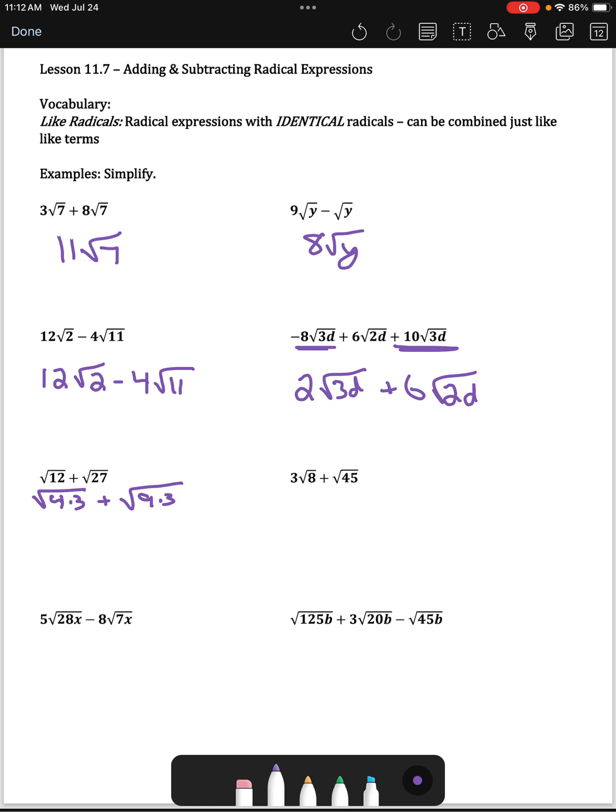In the first expression of root 4 times 3, the 4 can come out of the square root as its square root, which is 2, which leaves behind the root 3. In the second expression, the 9 comes out as a 3. Now we have like radicals. 2 root 3's plus 3 root 3's gives us a total of 5 root 3's.